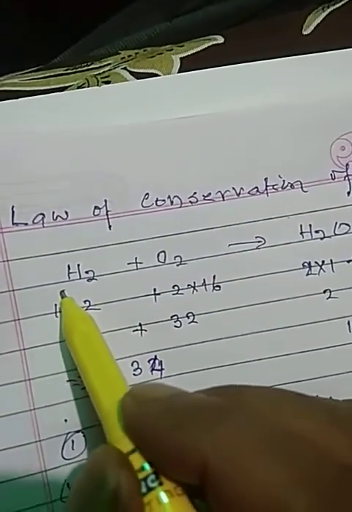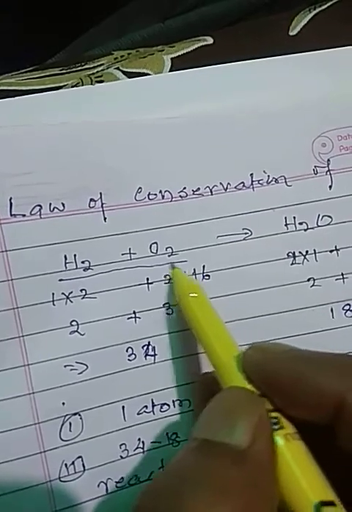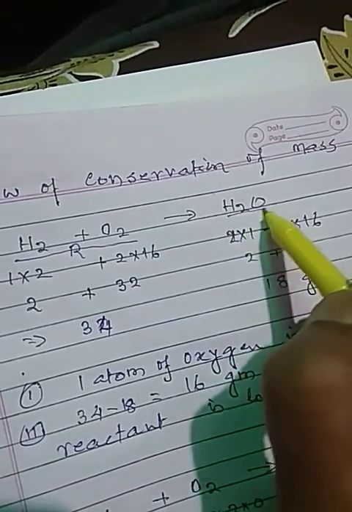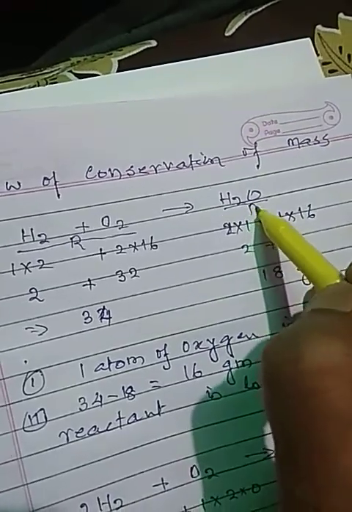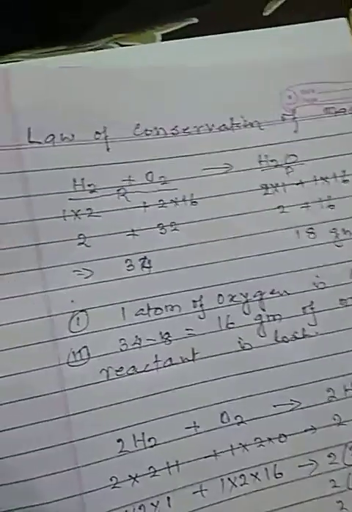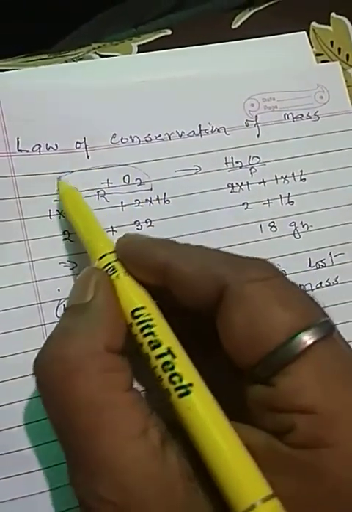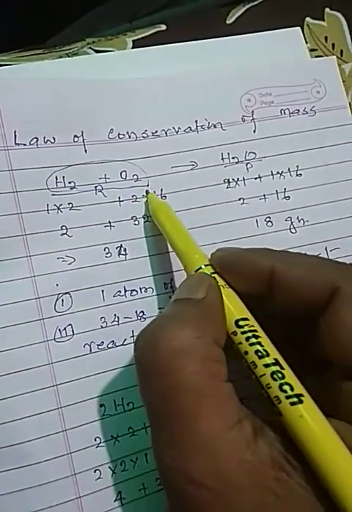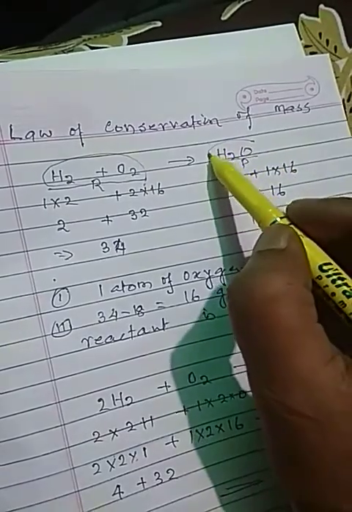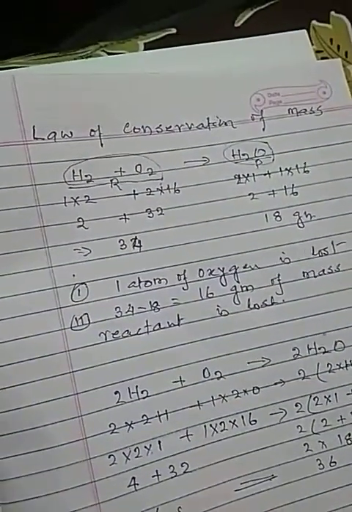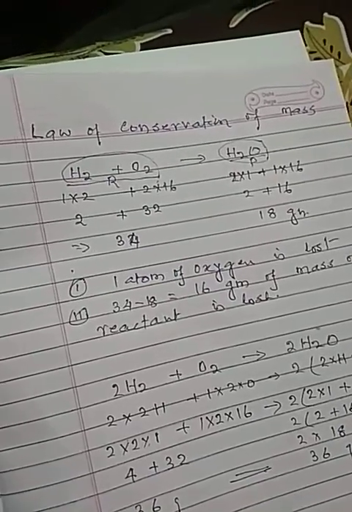My dear students, we know that during a chemical reaction, this one is called reactant, and whatsoever is formed is called product. So the total mass of the reactants and the total mass of the products should be the same.